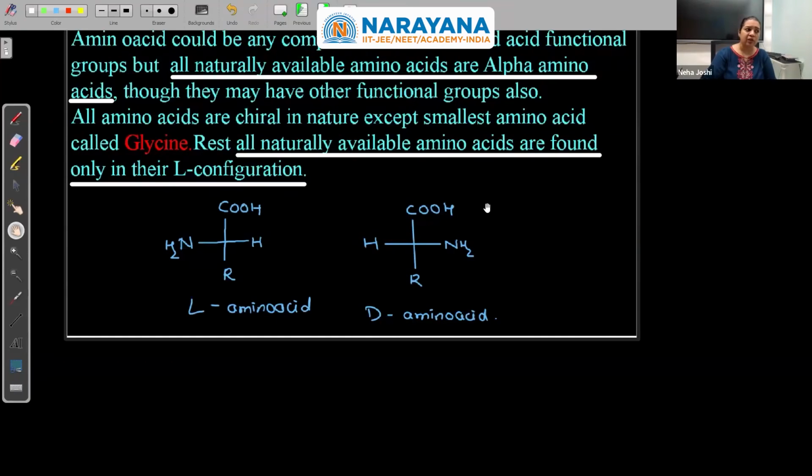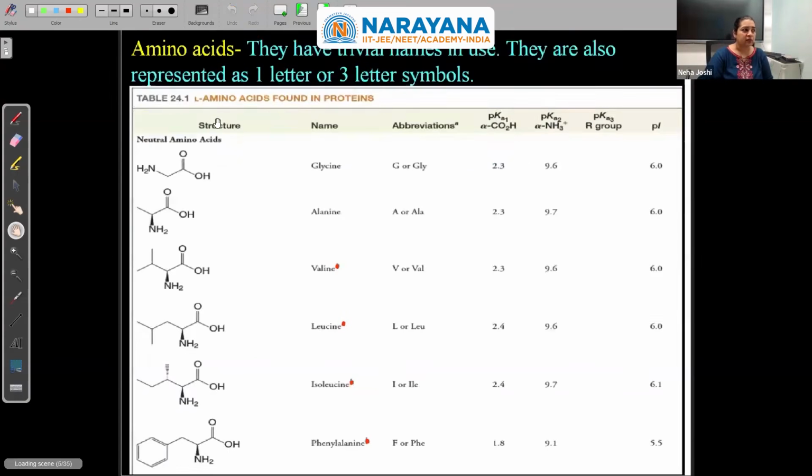If it has it on the left, then we'll call it L sugar. Right? This is what we did yesterday. Now here, if we want to use the same in case of amino acids, we say that the alpha positioned NH2 group, if it is on the right hand side, then D amino acid. If on the left hand side, then it is an L amino acid.